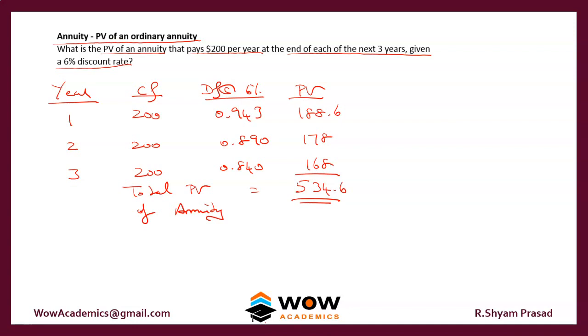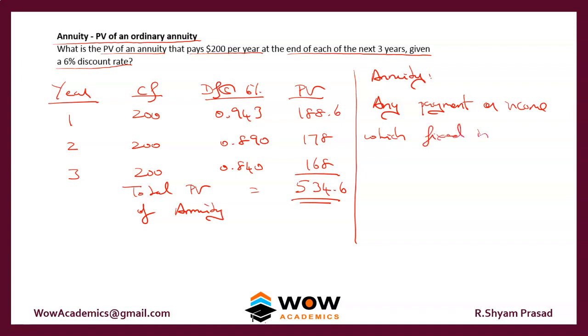So now the question arises, what is an annuity? Annuity is any payment or income which is fixed in amount and received or paid over a number of years.